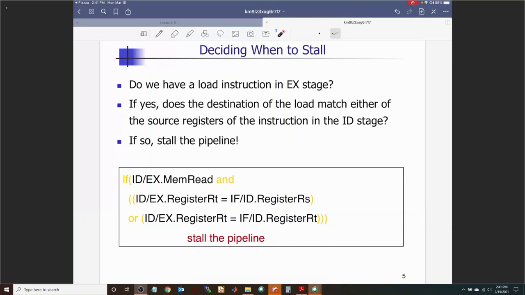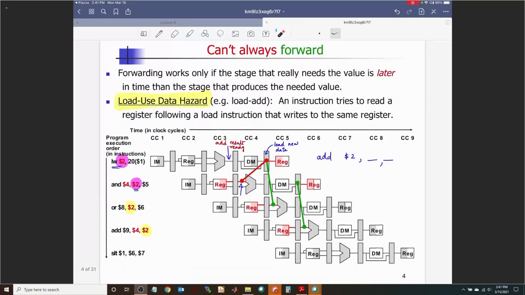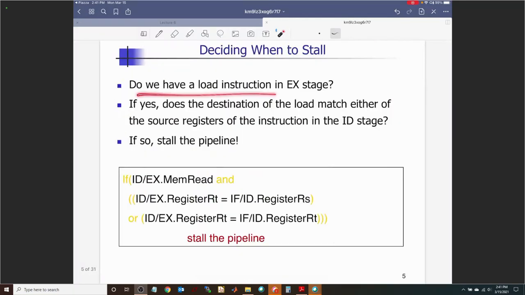First, we would need to check: do we have a load instruction in the execute stage or not? So here we have a load instruction in the execute stage. If load word is the instruction that you are working on, then this particular situation is possible. If you don't have a load word instruction, then you don't have to worry about this load use data hazard possibility. So the first question is, do we have a load word instruction in the execute stage or not?